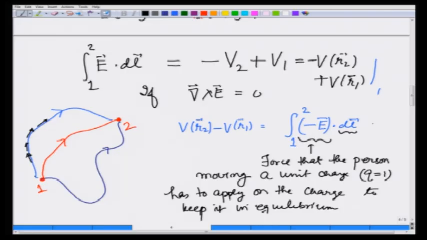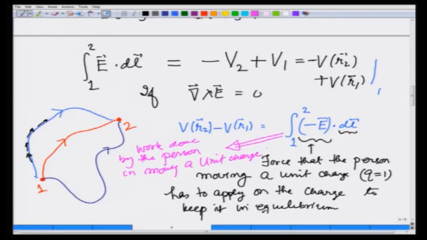Therefore, this represents the work done by the person in moving the charge, moving a unit charge. And this V I am going to call the potential.